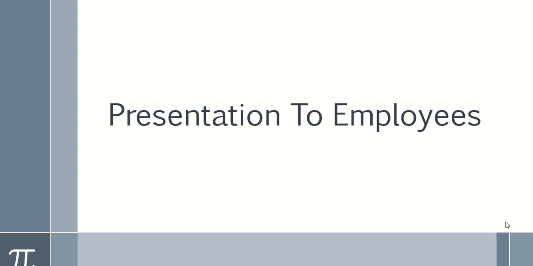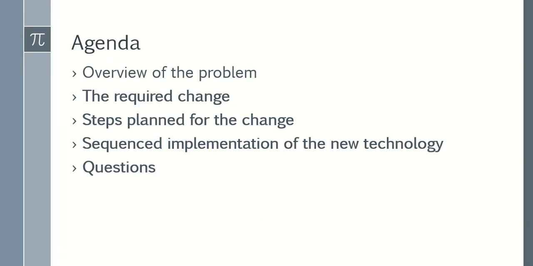Now that we're done with the presentation to management, we would now look at the presentation to employees of Springfield General Hospital. Now, the agenda for employees would also include an overview of the problem, which we've discussed earlier. It includes the required change, the steps planned for the change, the sequenced implementation of the new technology, and also opening the floor to questions and any concerns that the employees may have.